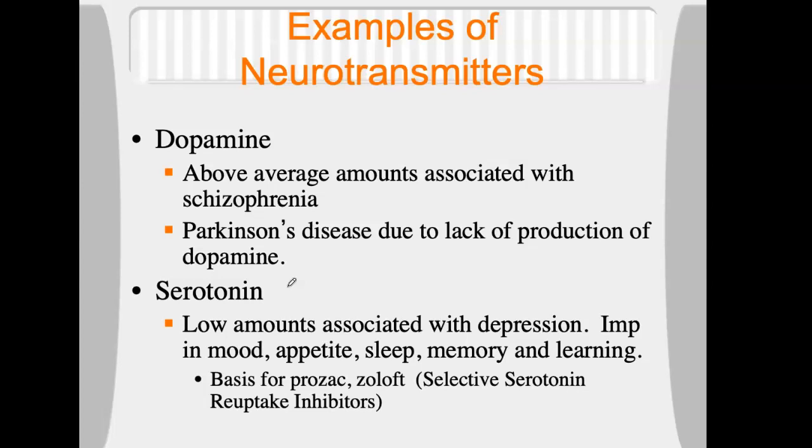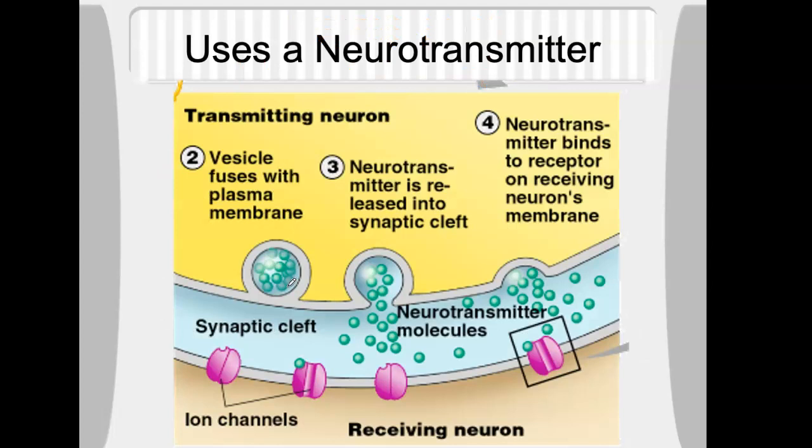These are often called selective serotonin reuptake inhibitors. What does that mean? I'm going to go back a slide. Once this neurotransmitter has done its job, it's broken down and recycled. But if you could actually maintain it and keep more of it there in that synaptic cleft, then you would have that feel-good mood continuing on to the other cells.